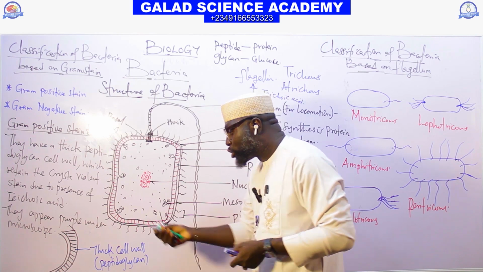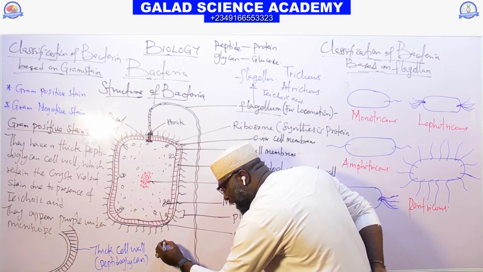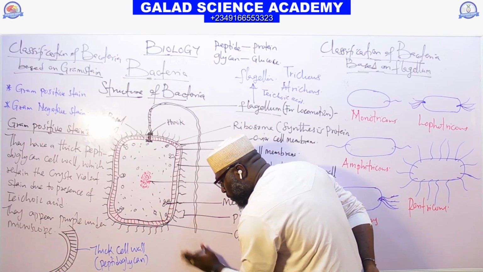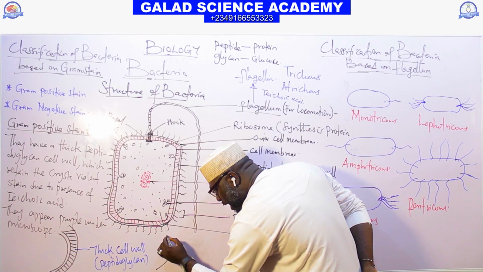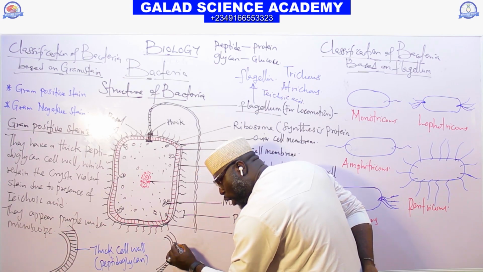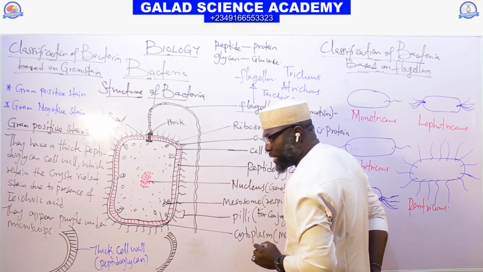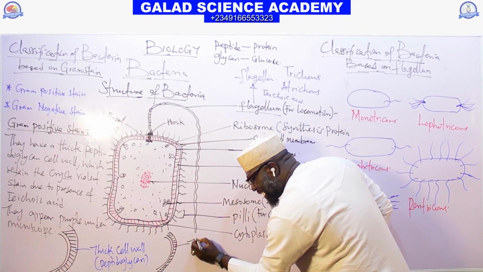But in the case of other bacteria, look at the structure of this one. We have something like this structure. The cell wall will be in this form. This is how the cell wall of negative stain bacteria is. See, one is thick; the cell wall in here will be thin.